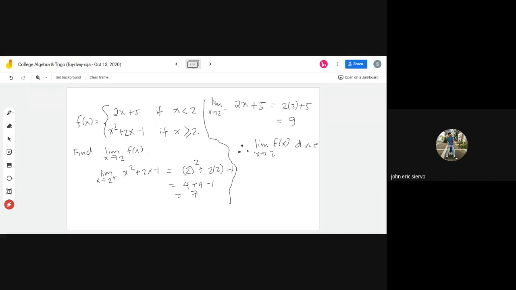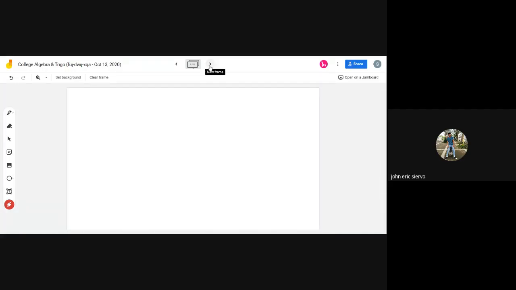Sir, what if the limit approaches 1/2? What is it, do we still solve it? The 1/2, sir, the value it approaches. Let's have another example. Let's have a very simple example first.